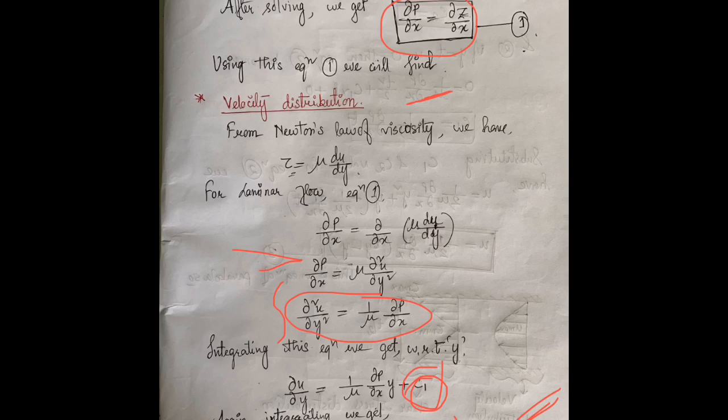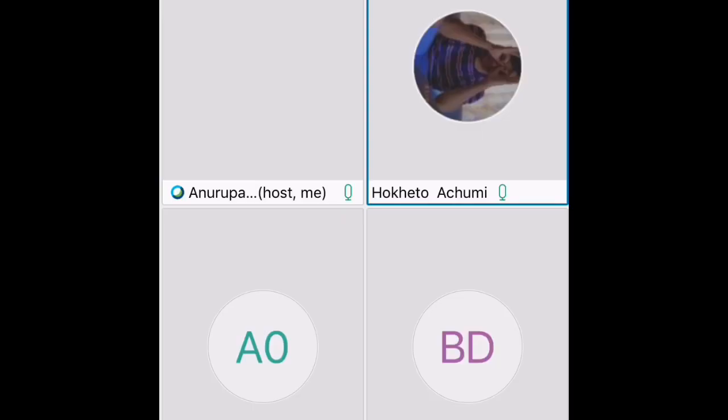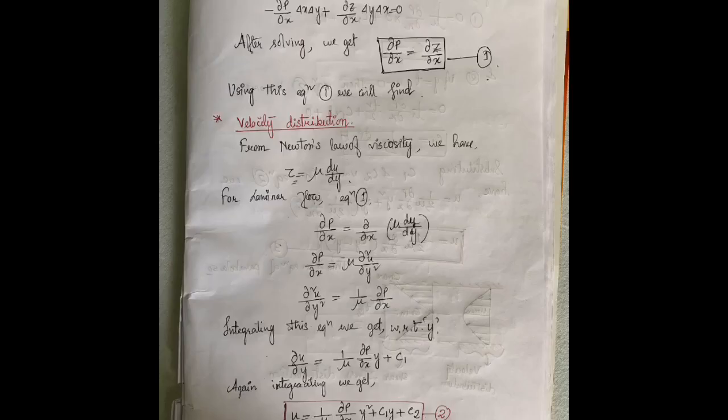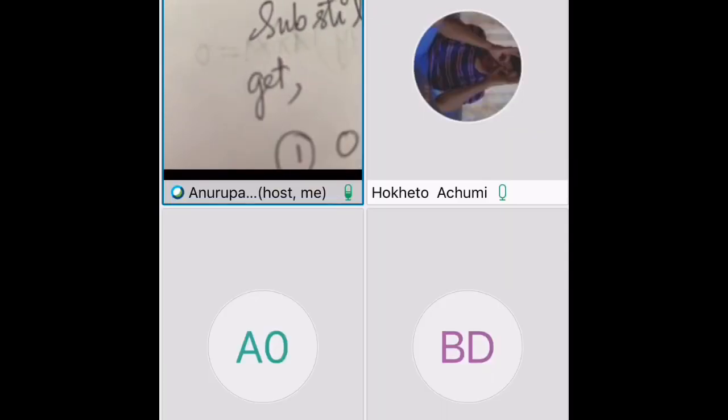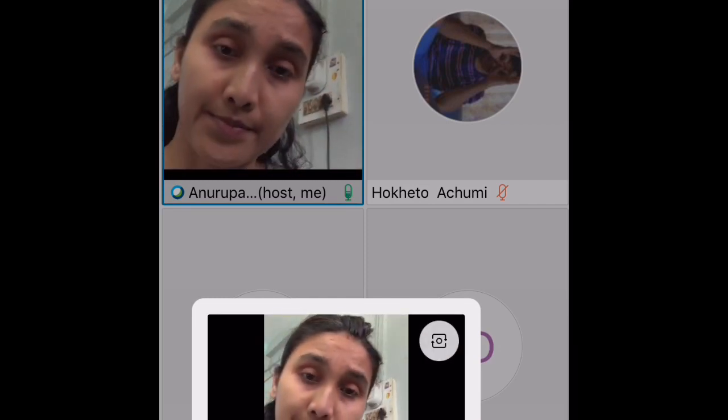Again, in the second condition, suppose the fluid element is situated at the upper boundary, that is, at a distance y equal to t, and velocity u equal to 0. The two conditions are at y equal to 0, u equal to 0, and at y equal to t, u equal to 0.